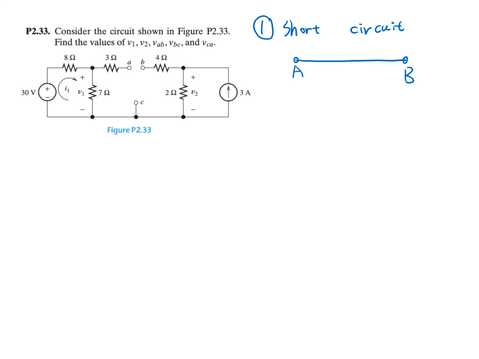So in this case, there is no voltage drop between A and B. So VAB is equal to 0, and the current IAB typically is not equal to 0. And the second situation is open circuit.